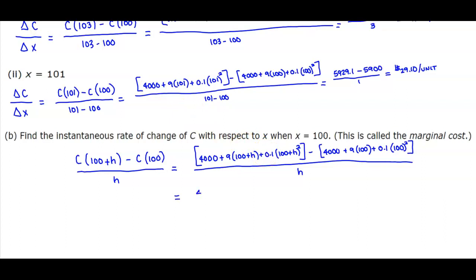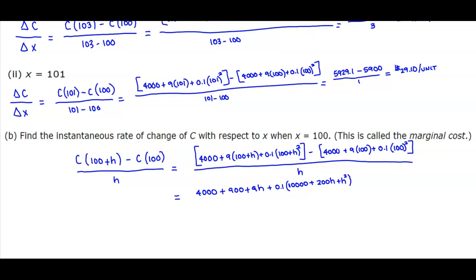So we have 4,000 plus 900 plus 9h plus 0.1 times 100 squared, which is 10,000, plus 200h plus h squared.